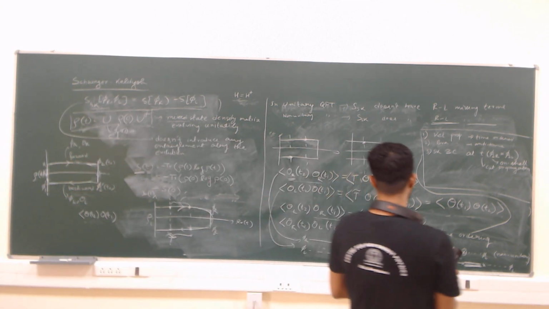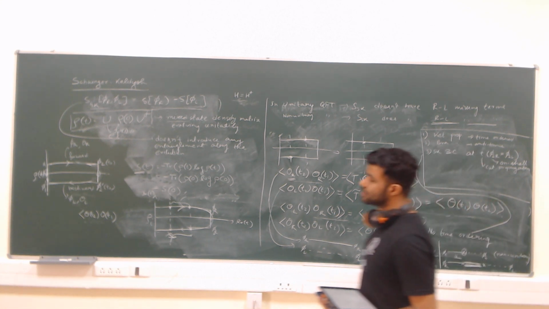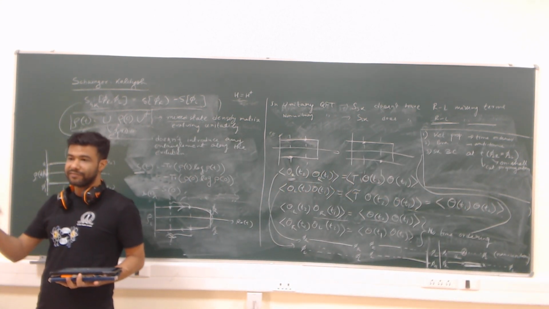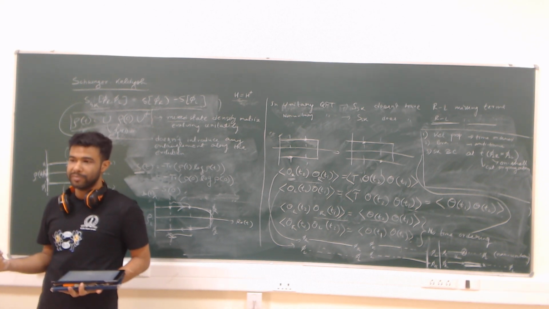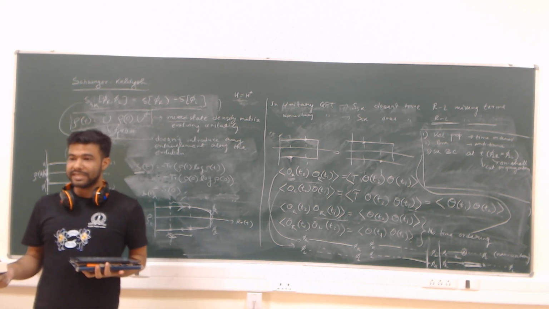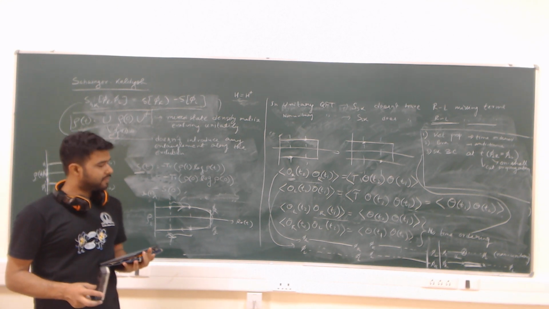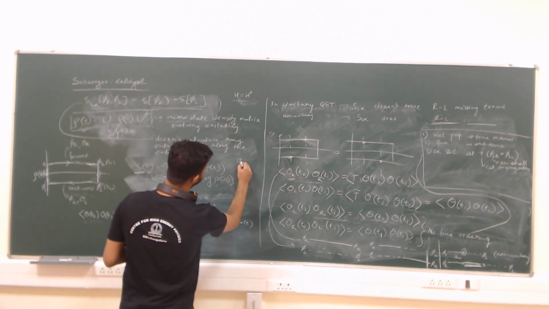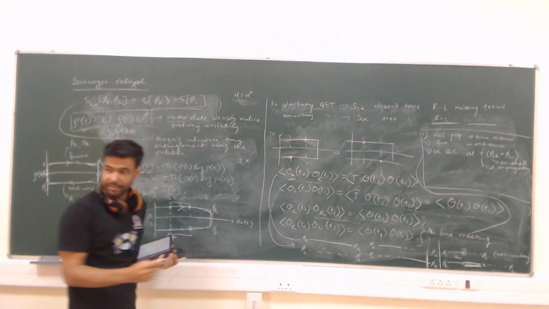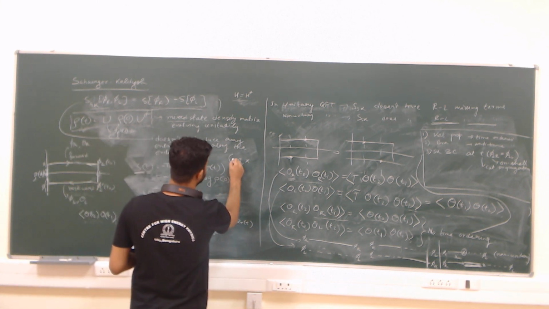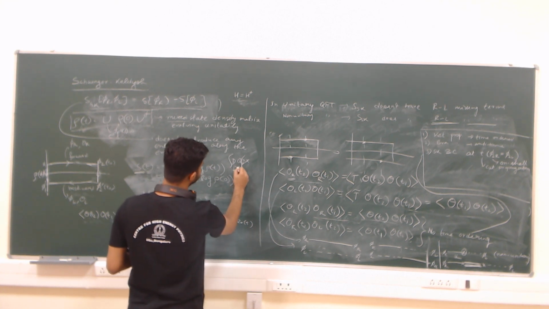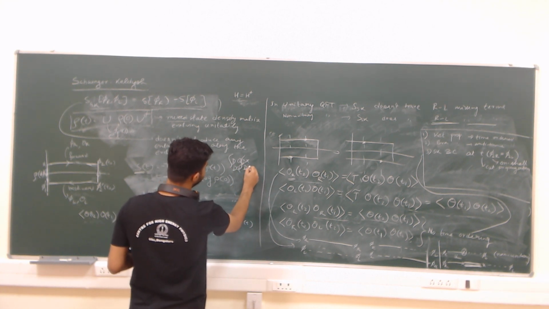In the non-unitary case, there will be some effect of getting rid of an environment, integrating out an environment. So let's say I have a q degree of freedom and an x degree of freedom, with dq and dx both. Then I will have to introduce dq prime and dx prime.